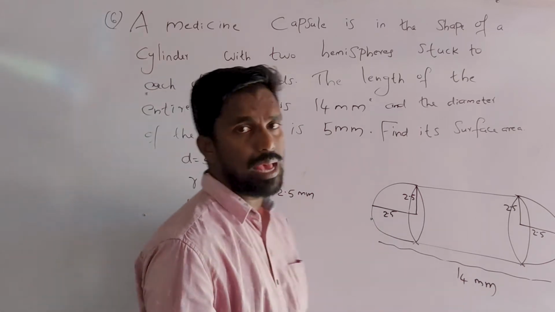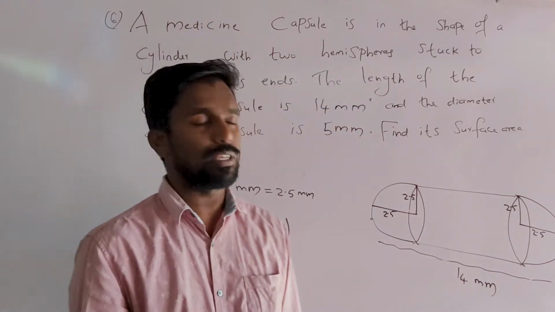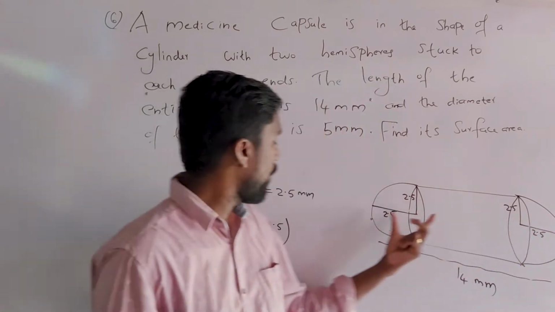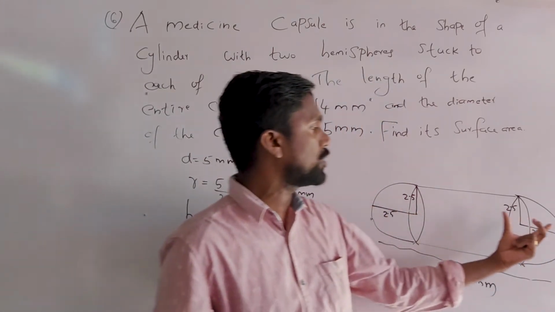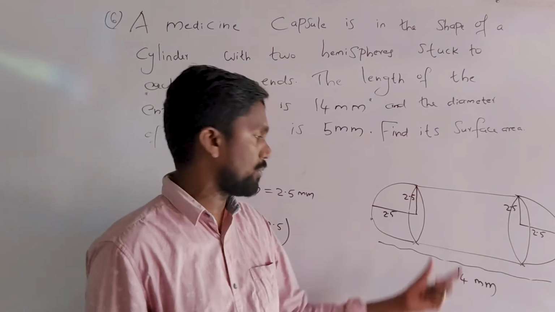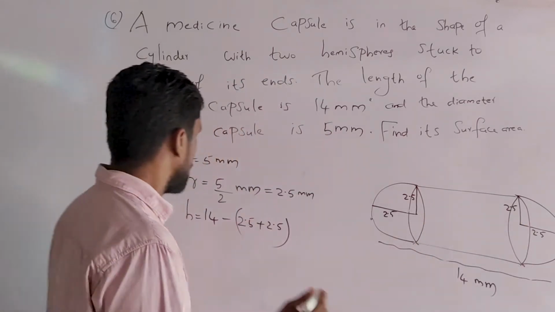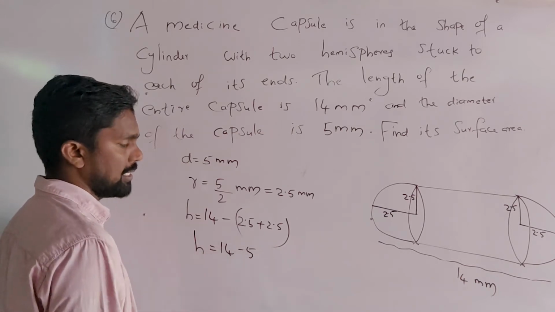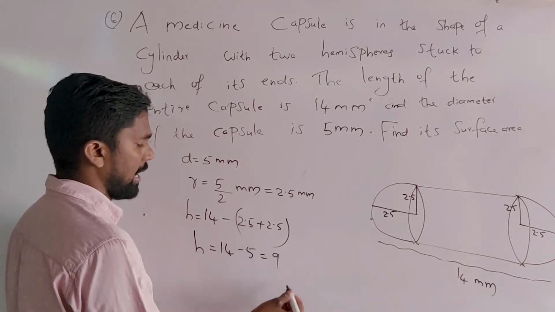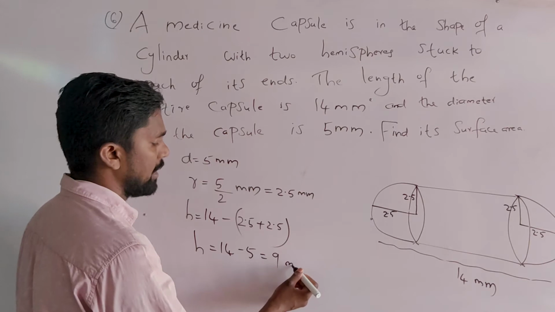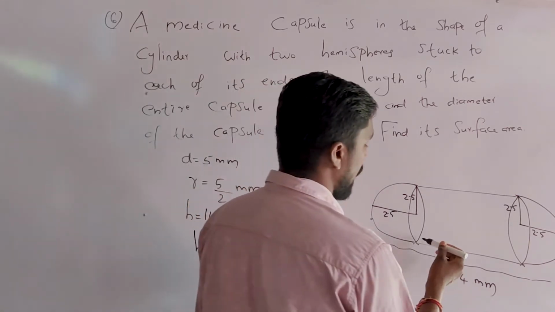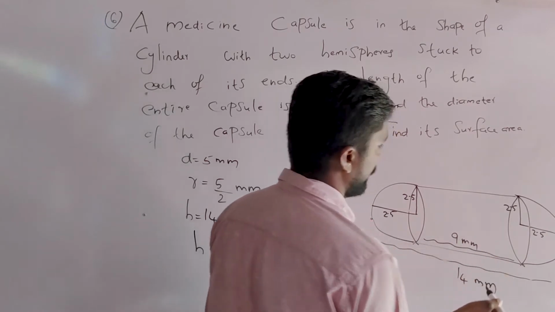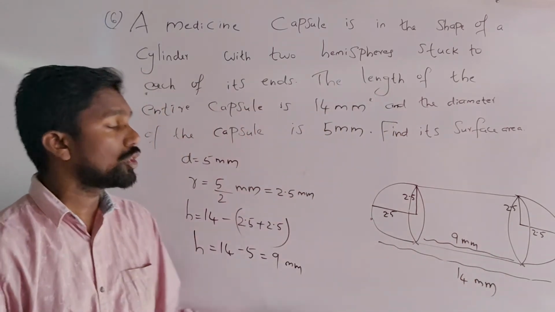That is 14 minus 5, that is equal to 9. 9 millimeter is the height of the cylinder. I think everybody understood.